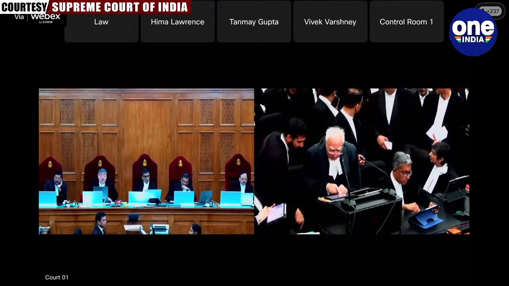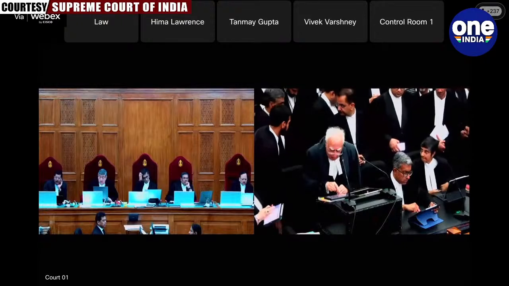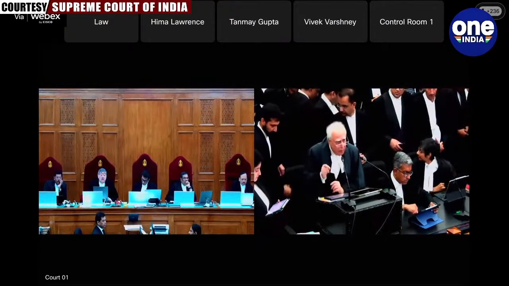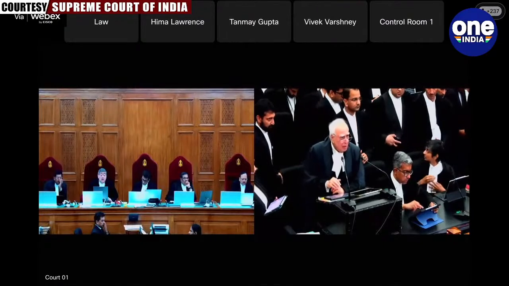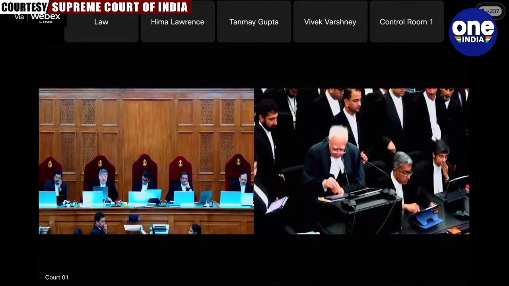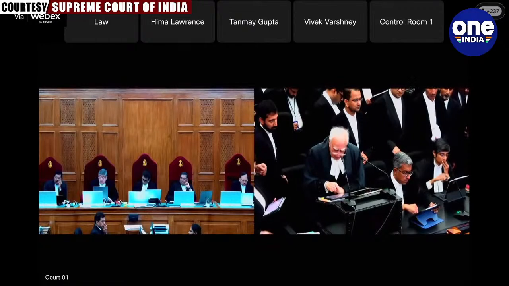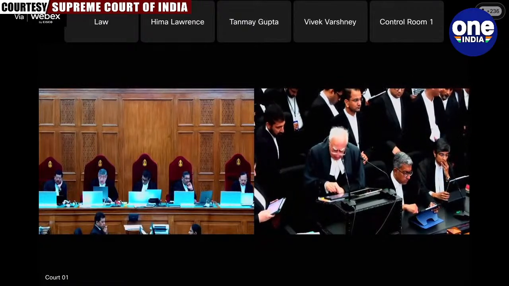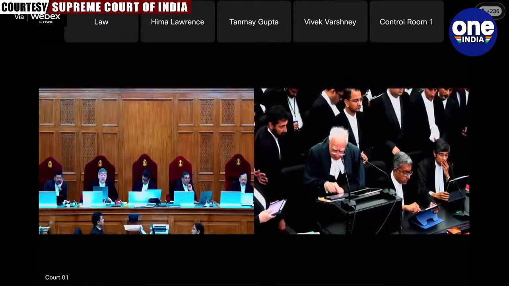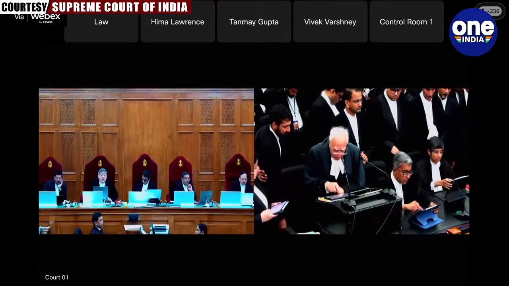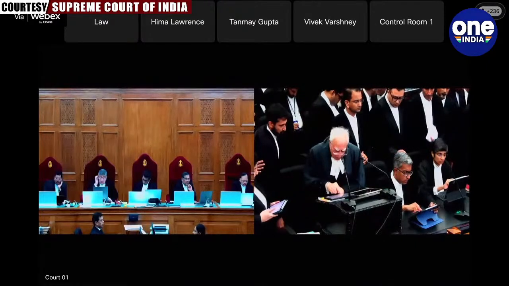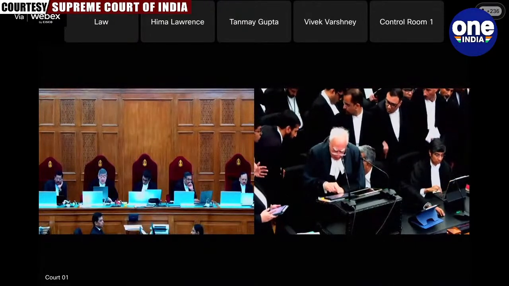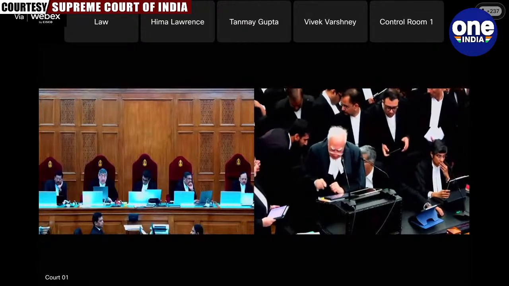This is the Constitution of India as applicable to Jammu and Kashmir just before abrogation of 370. Volume 1, not volume 3.